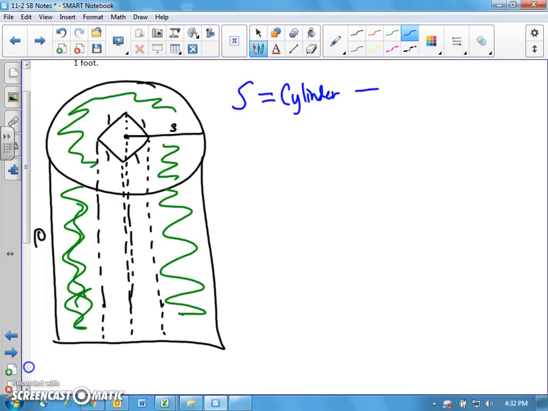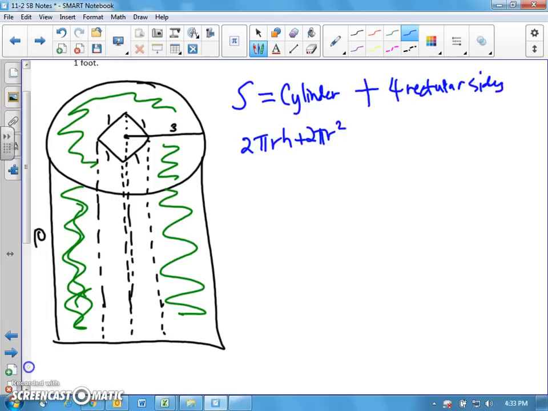So we're going to need to add the 4 rectangular sides inside the prism, or inside the cylinder. So surface area for a cylinder would be 2 pi rh plus 2 pi r squared.